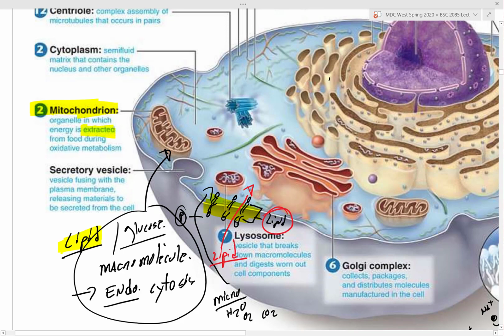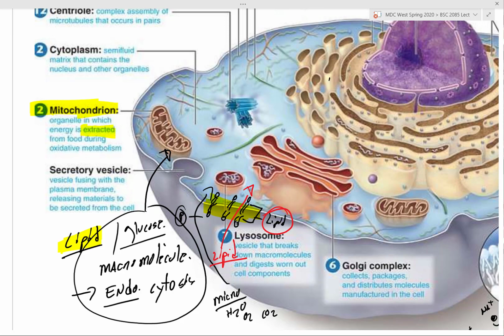Because most of the bilayer is made out of what? Lipid. So macromolecules, as long as they're lipid soluble or lipid based, hydrophobic, you guys get all those? Lipid soluble or lipid based or hydrophobic, which is all the same, right? They're able to go through the phospholipid bilayer freely.